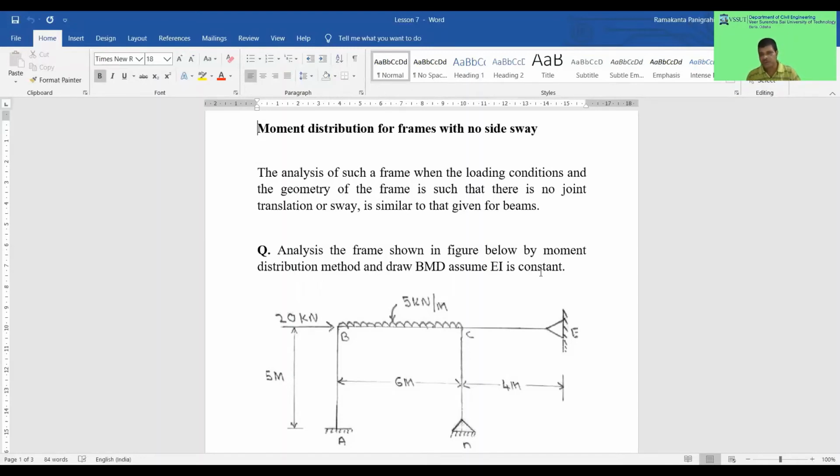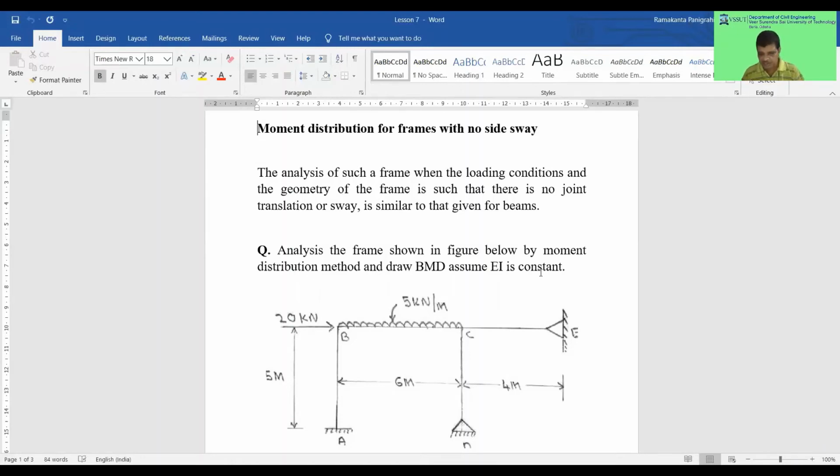Now, to prevent the sway, we have already discussed that if a support is given in the horizontal direction, either a hinge support or a fixed support, by any means the lateral or horizontal deflection is prevented, then whatever may be the condition of these frames, it will not sway.